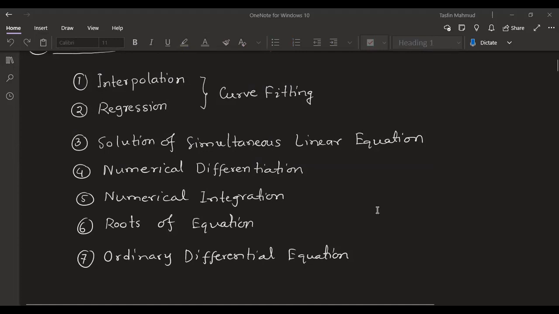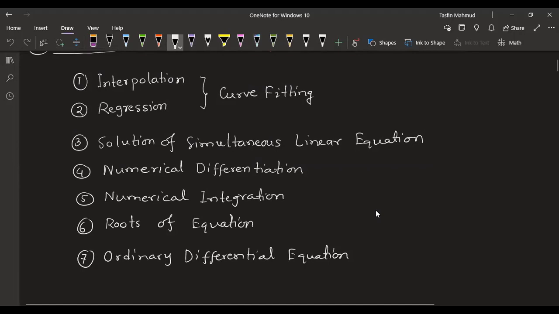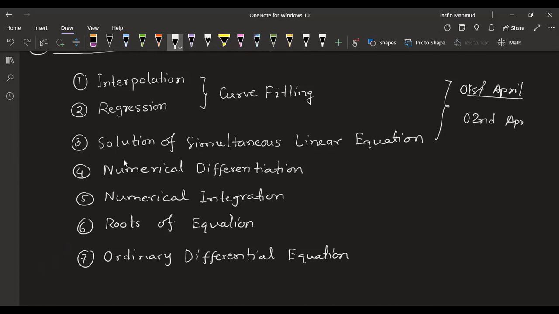So the first option is this: we complete the third experiment today, then on the 1st of April we arrange a problem solving session on these three topics, and you can attend the first simulation exam on the 2nd of April.